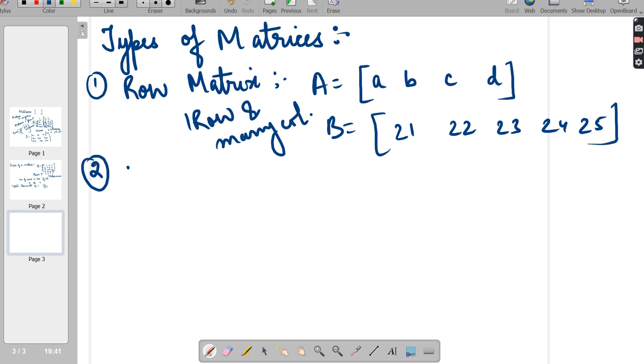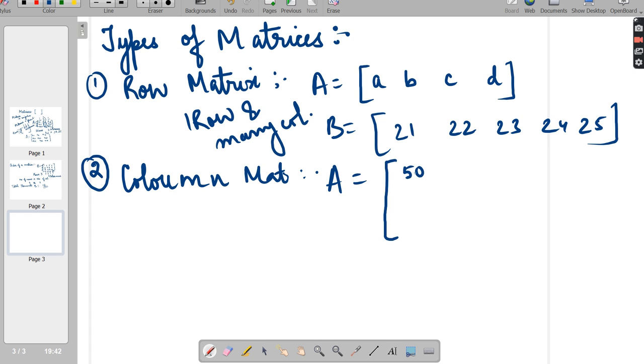Second type is just the inverse of it, the column matrix. Suppose I have a matrix A and it has elements like 50, 51, 52, 53.